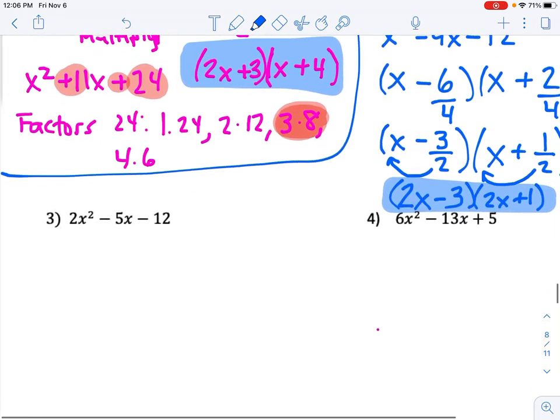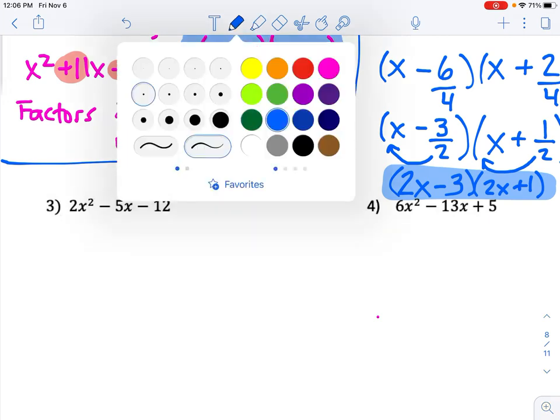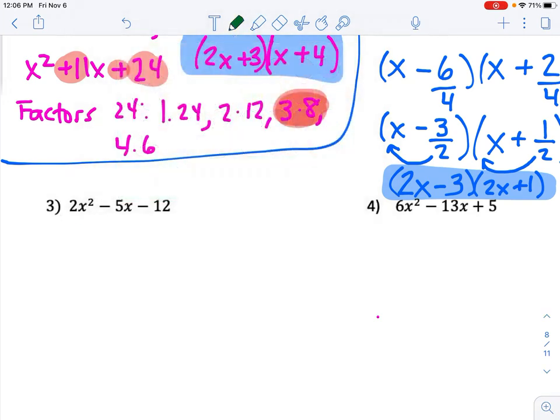The other two problems work very similar. I'm going to speed these up a little bit. You can pause if you need to, stop and look at it. We multiply 2 back. We end up getting x squared minus 5x minus 24. We can go ahead and write out our factors.